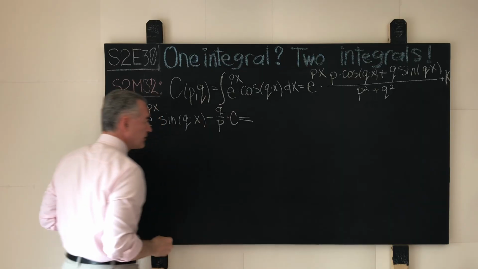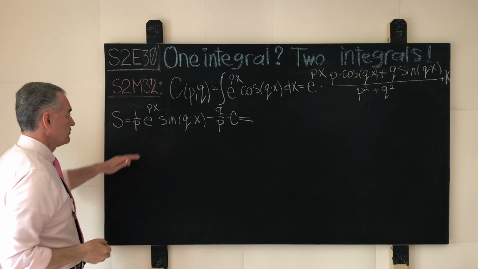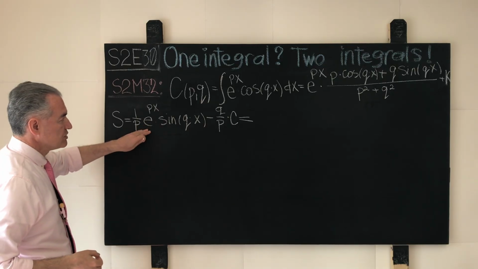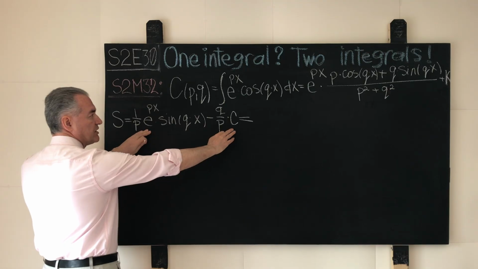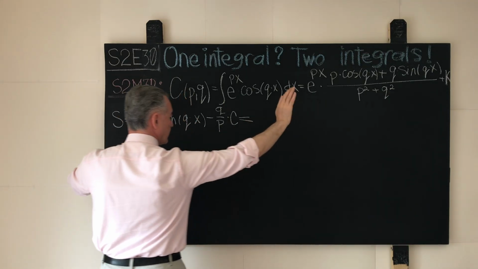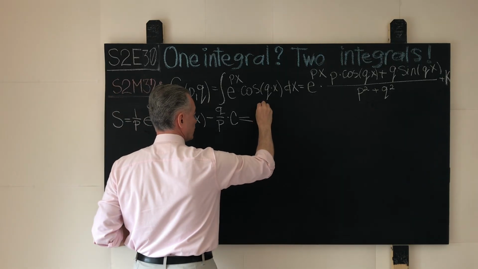Let's do that together. If you understand what is going on, you can skip forward, or if you did it already, very good. But now here we just basically spell out the value of the integral C shown over here. We omit the constant for now, and we work with this expression over here.